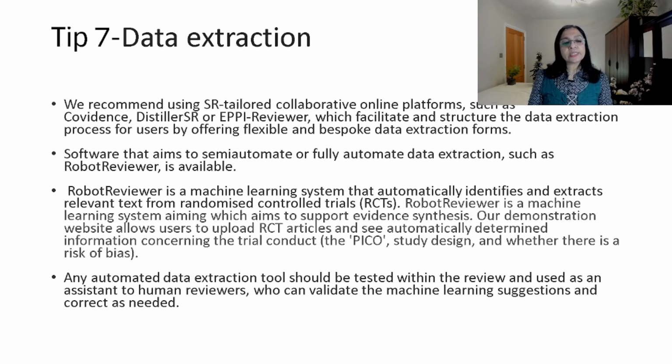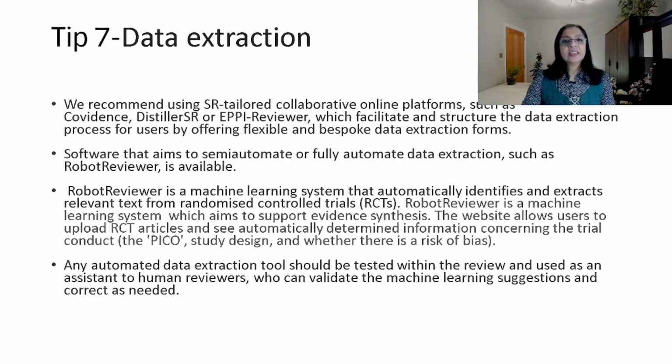Software that aims to semi-automate or fully automate data extraction, such as Robot Reviewer, is available. Robot Reviewer is a machine learning system that automatically identifies and extracts relevant text from randomized controlled trials. Robot Reviewer aims to support evidence synthesis.